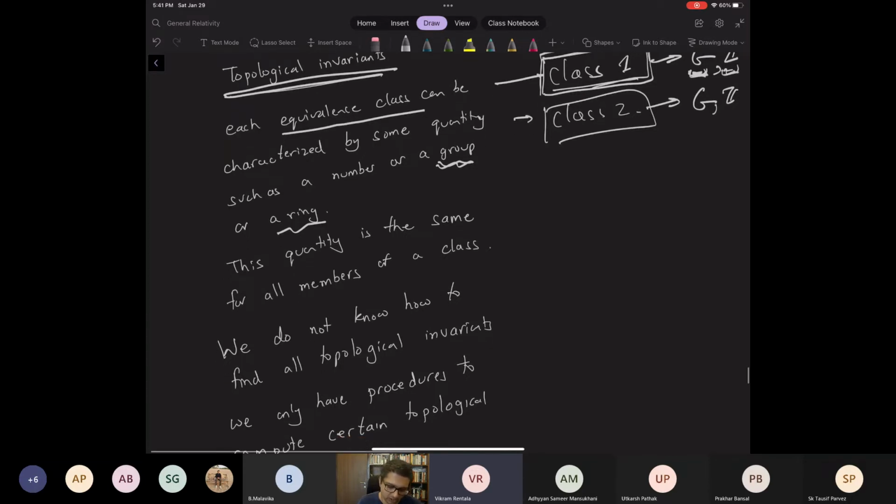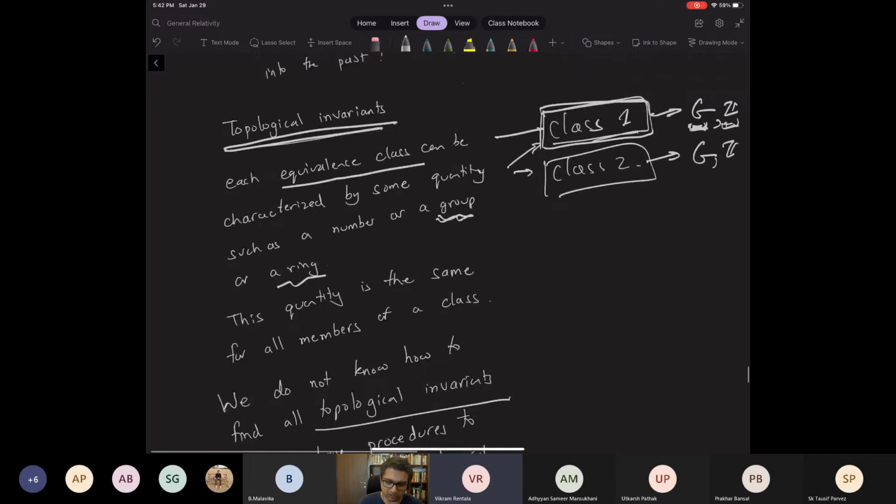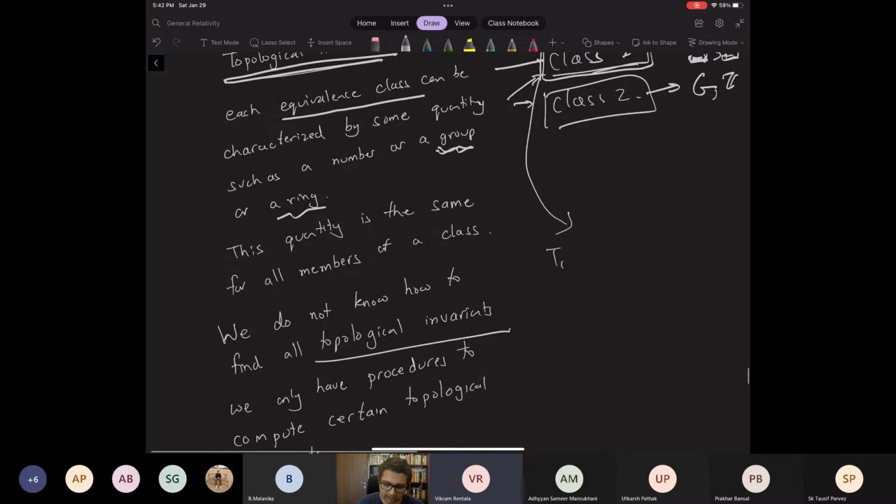The problem is mathematicians have not yet solved this problem of how to find all possible topological invariants. If you had all topological invariants, you could basically specify completely the properties of each class. We don't yet have a procedure to do this, but we have a procedure. So for example, you can imagine that class 1 or any class can be classified by some number of topological invariants.